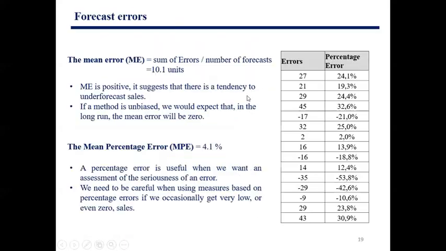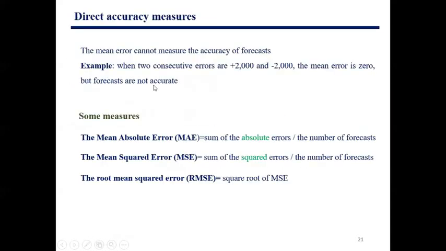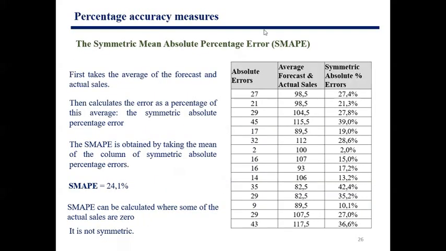Sorry, I have to go back just to show you. It was the average of 112 and 85. Okay, so I was here, and after you always have your absolute error.